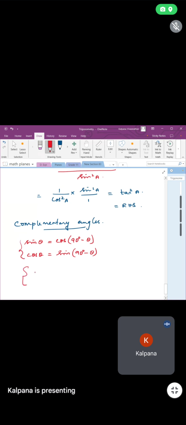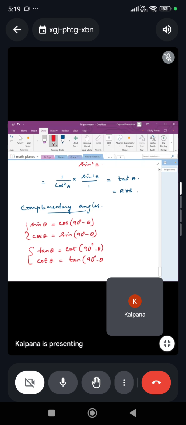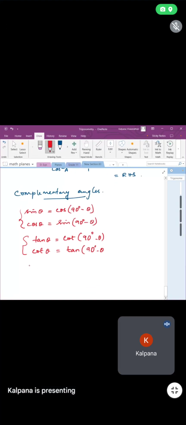Same way, tan theta is cot 90 minus theta and cot theta is tan 90 minus theta. So these two, tan and cot, are complementary, and same way secant and cosecant.